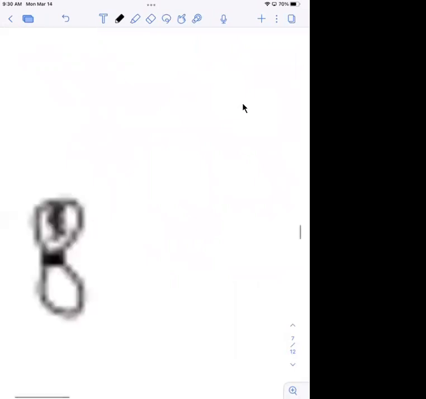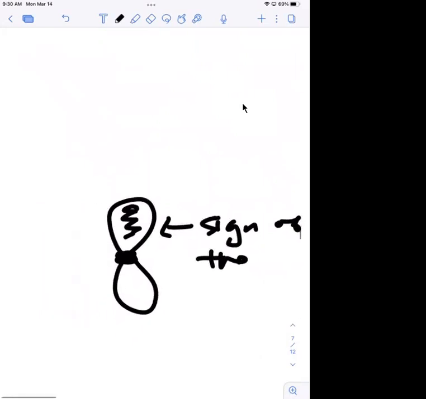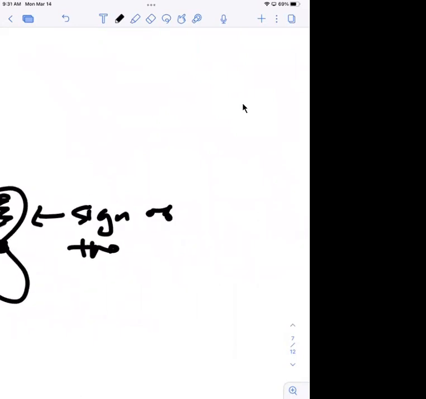The shading represents the sign. Doesn't matter if it's positive or negative, but the sign changes because of that node that's right here. So the shading is indicative of the sign of the equation.